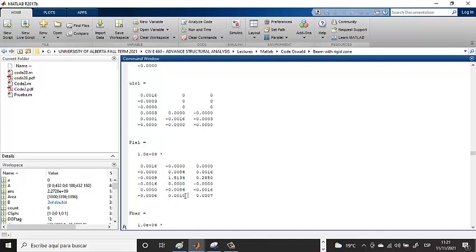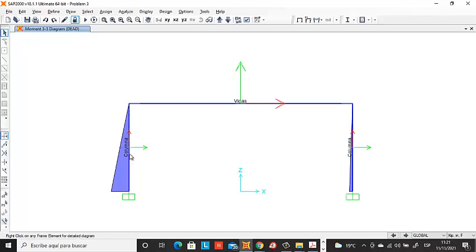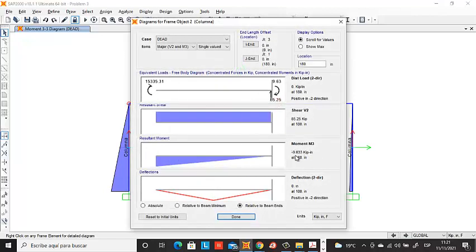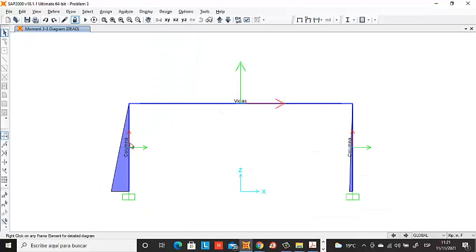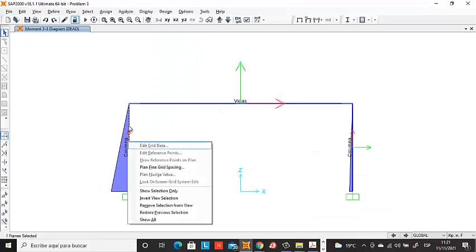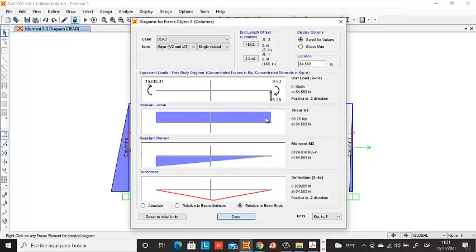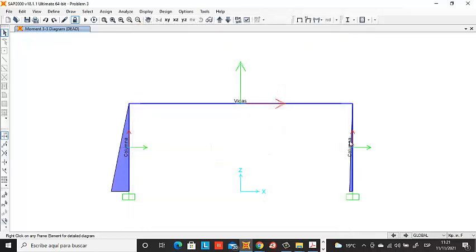And at the end it is around tens, so here it's minus 9.6. For the shear forces, we look at the second degree of freedom. We can see the second degree of freedom here is 84 and 84 here, which correspond to the forces here, around 85, that are almost the same.